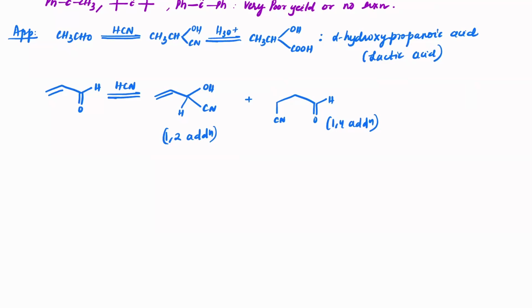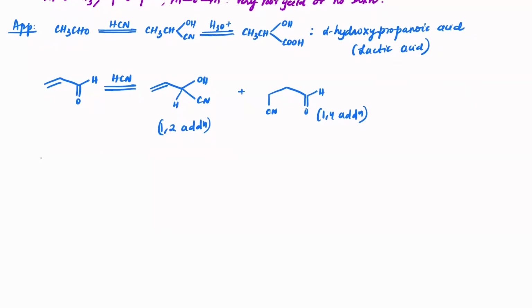Now let us understand how the 1,2 products and 1,4 products are coming into the picture. Check. Suppose you have this ketone here like this, and CN minus notices that this is also a position where I can attack, pushing this bond. This will get O minus.